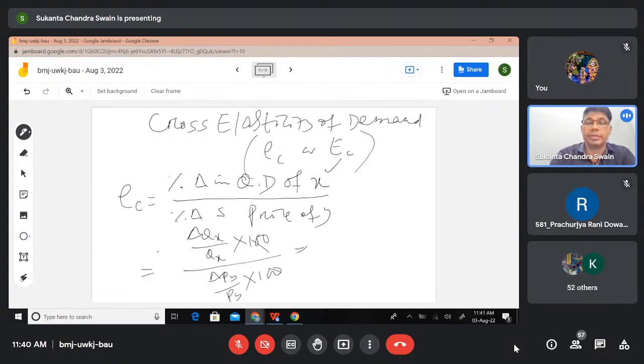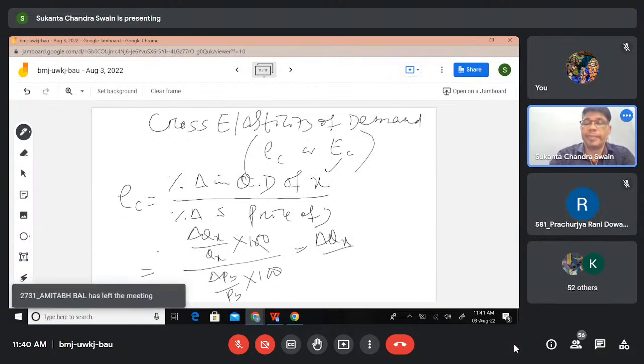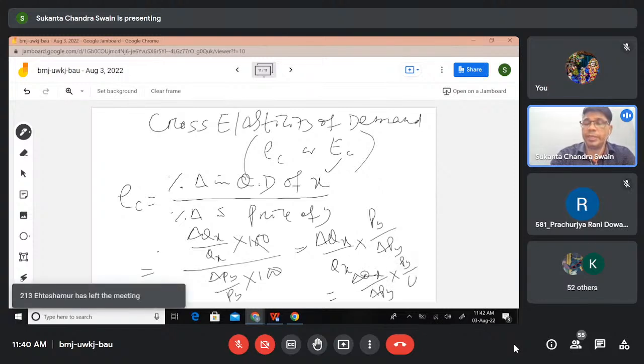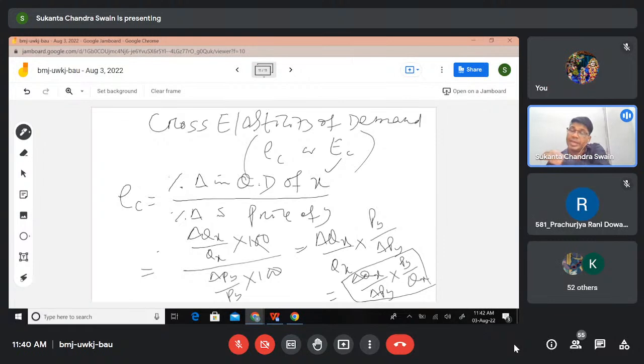So now it is coming del QX by QX into PY by del PY, is equal to del QX by del PY into PY by QX. This is the formula. But as I have already told, this X and Y may change depending upon the question given to you. Means it could be del QY by del PX into PX by QY. Whatever data is given in the question, accordingly it will be changed. Okay, this is the formula.